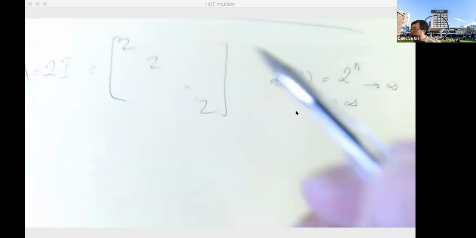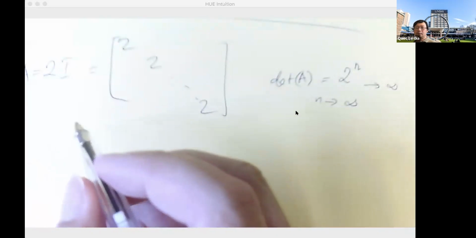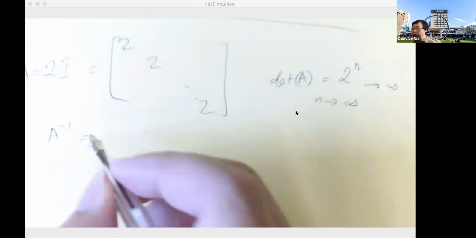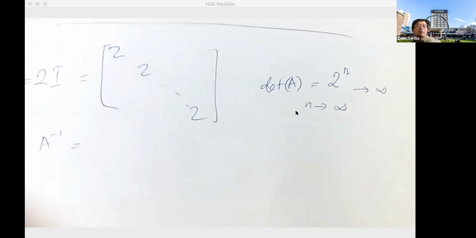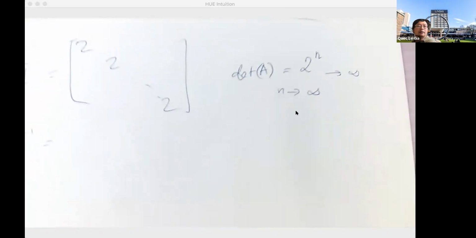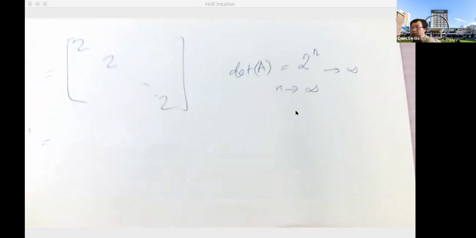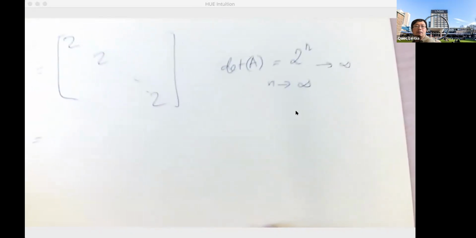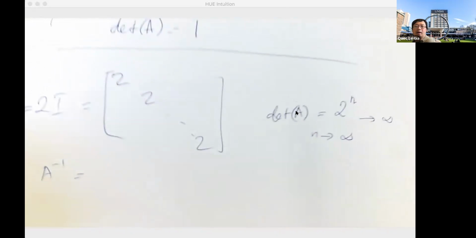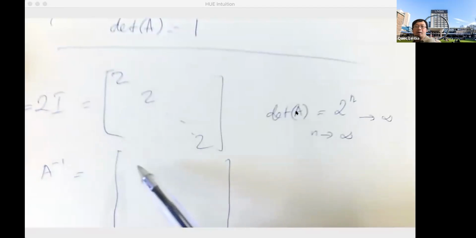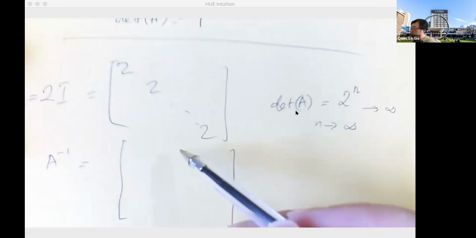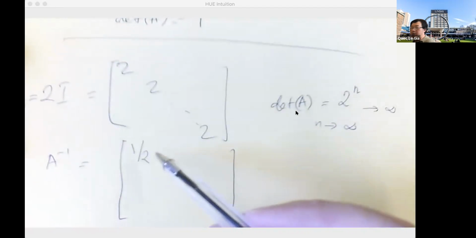What happened to the condition number? So what is A inverse of this matrix? Remember, if you have a diagonal matrix, for the inverse you just take 1 over the diagonal entries.